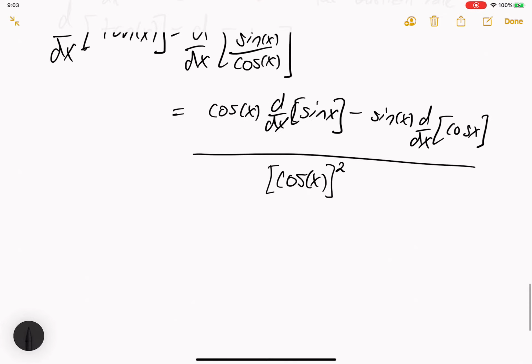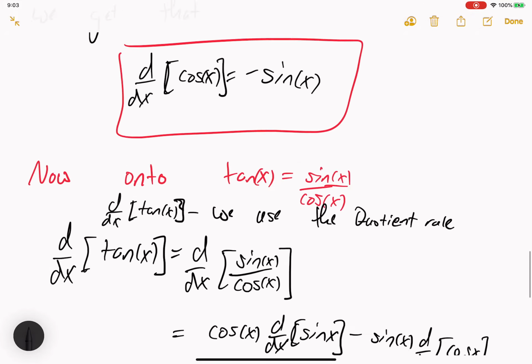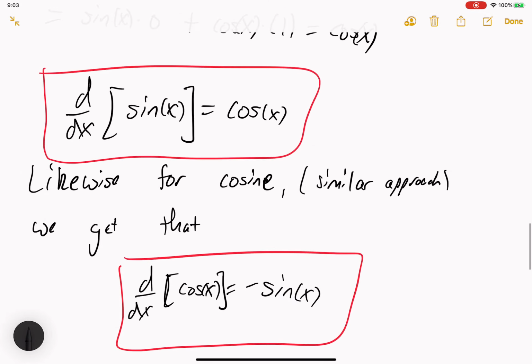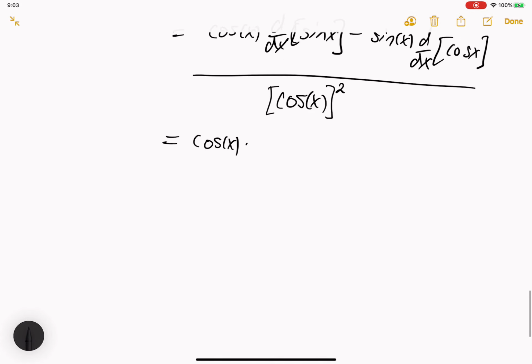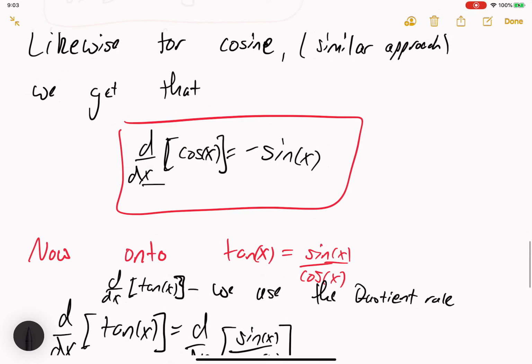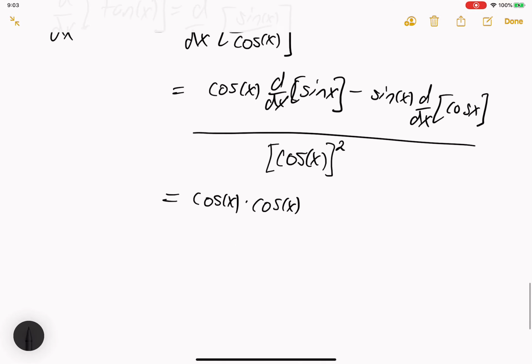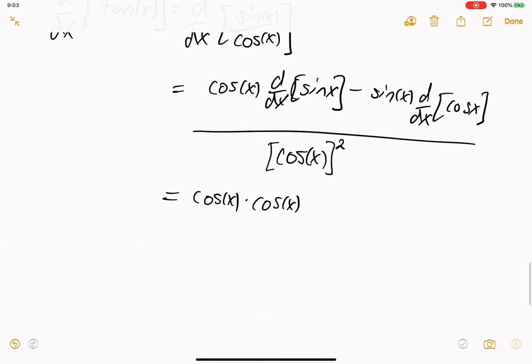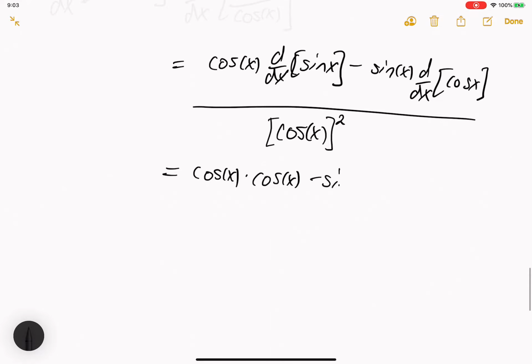All right. So now using the formulas that we just found, we get cosine of x times the derivative d/dx of sine of x. That's going to be cosine of x. So times cosine of x. And the last one we had was, remember that d/dx of cosine of x is equal to negative sine of x. So this is going to be negative sine of x.